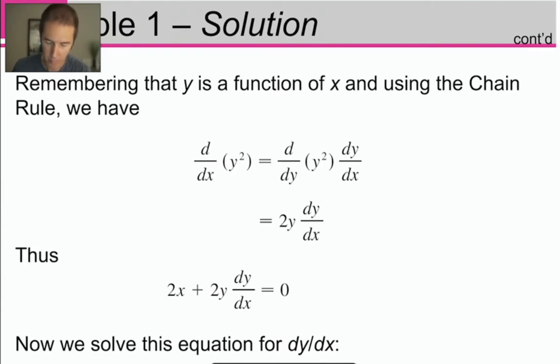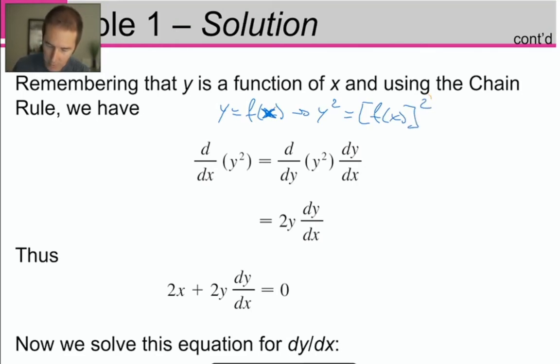Let's look at this with me. Taking the derivative of y squared with respect to x. Now remember, don't think of it as the letter y or the variable y. Think of it as f of x. It's some function. Y is some function of x, which means that y squared is some function of x squared.